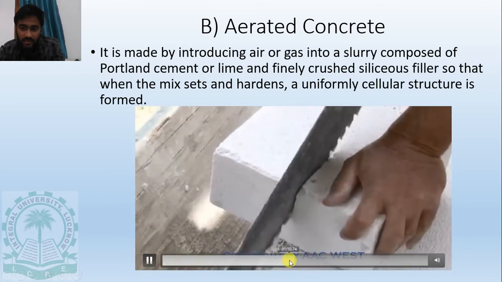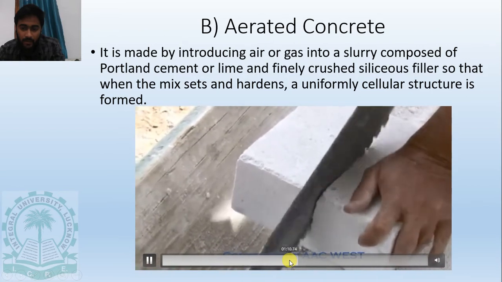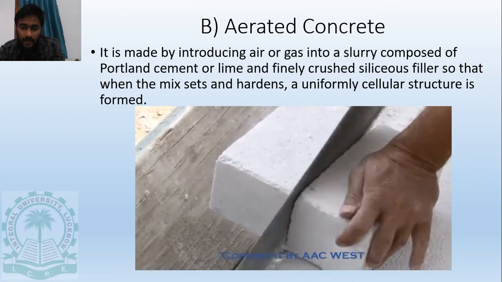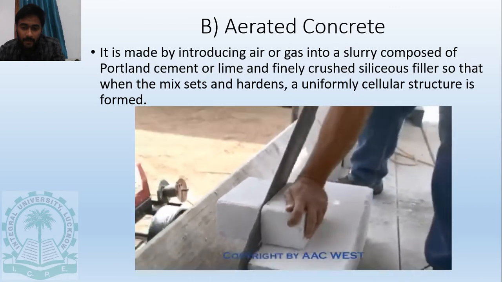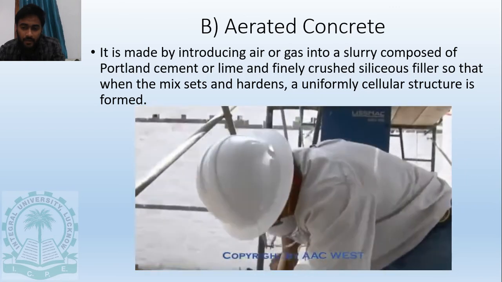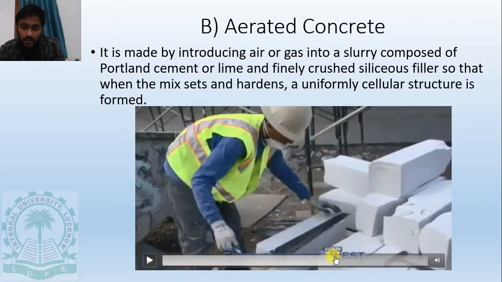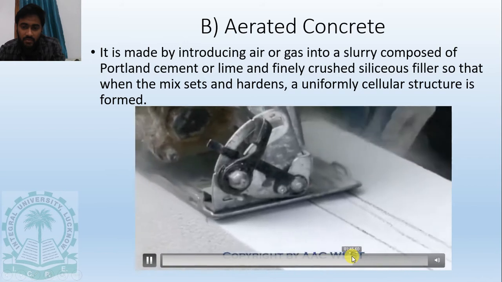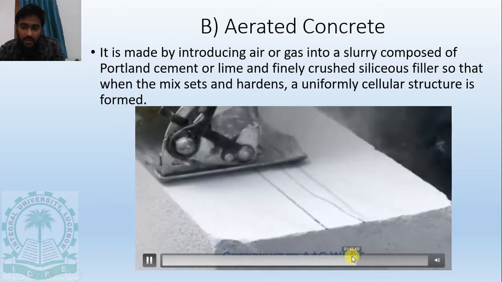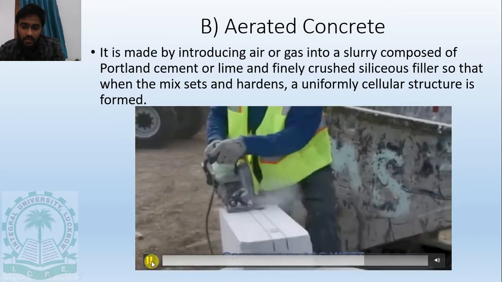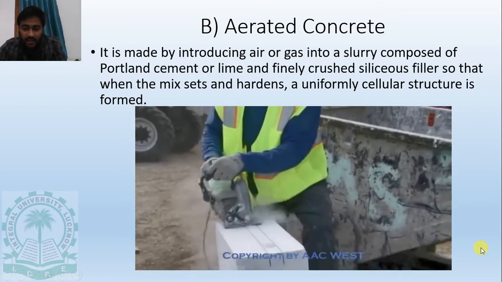See how this man is using the saw and cutting it into different shapes. Other machines can also be used, for example a cutter machine to cut this concrete. So basically they are very lightweight and they can be sawed into different shapes.